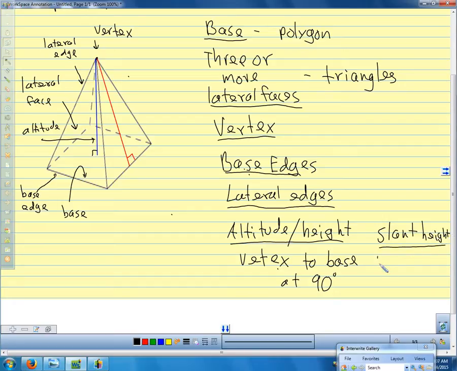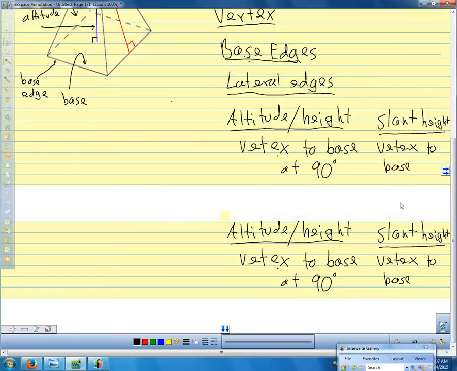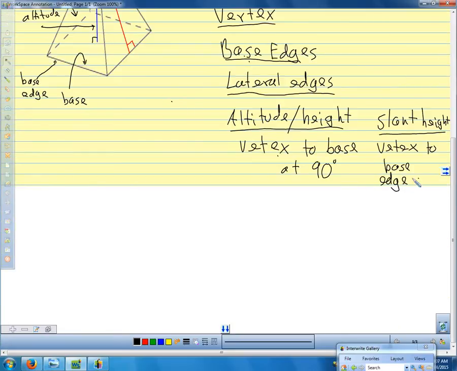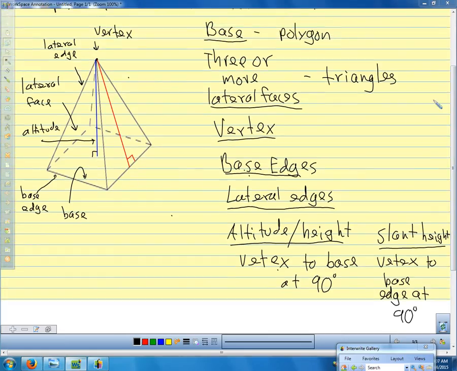So our slant height is the vertex to a base edge at 90 degrees. And the slant height is important because this is the height of the triangle that makes up that face. And the other piece that's going to be very important is we're going to connect the altitude to the slant height, and we get a little right triangle inside our pyramid.